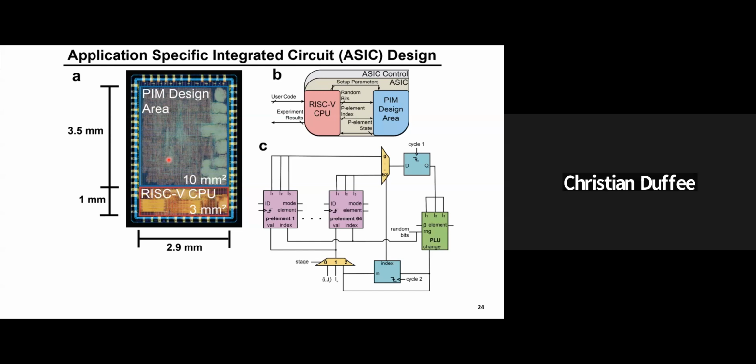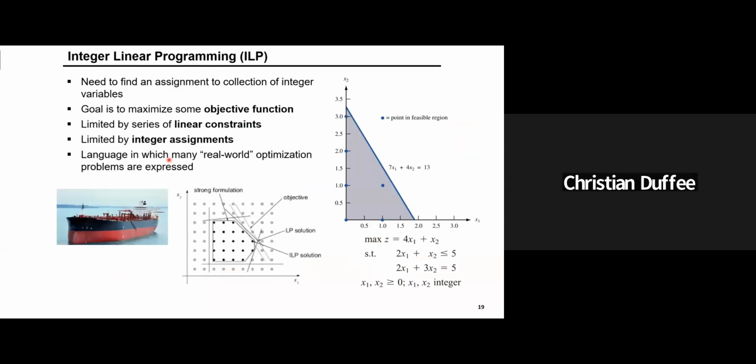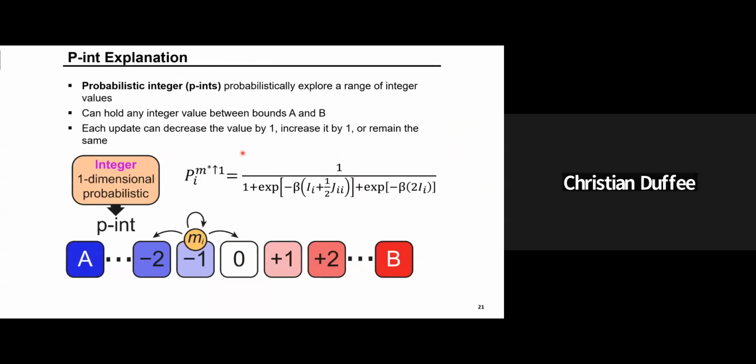You talked about the p-bits with magnetic tunnel junctions, but then you also talked about the p-dits and the p-ints. How do you realize this multifunctionality with them? So this is for the p-int case. This is implemented digitally. We are calculating it using a series of lookup tables.